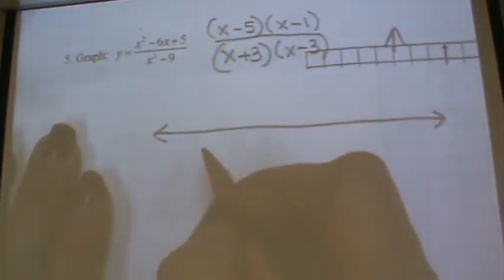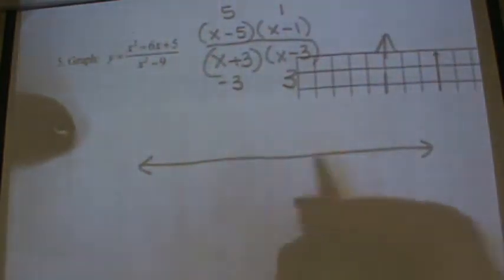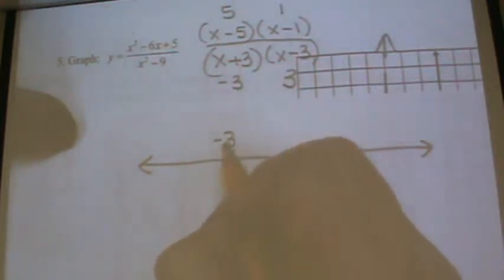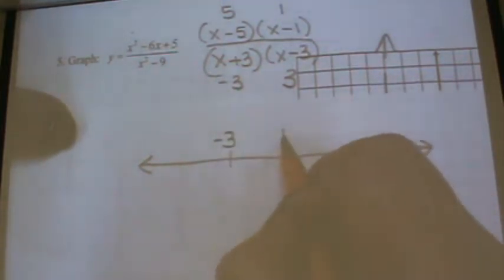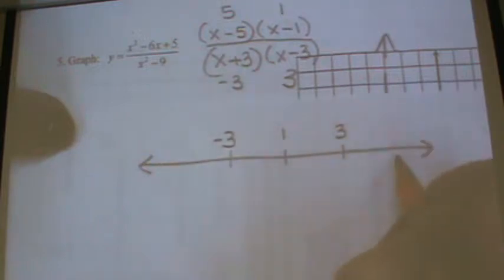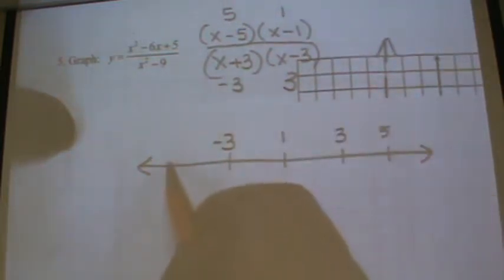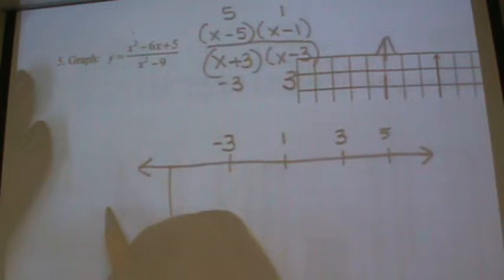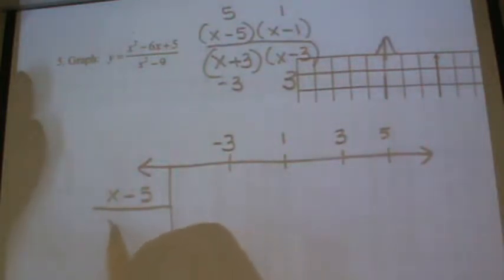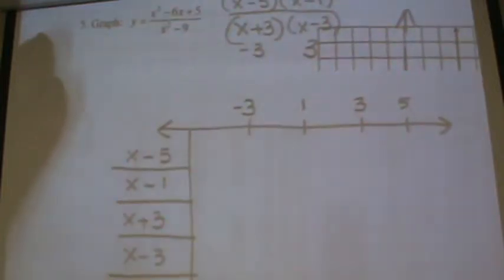And how do you organize 5, 1, negative 3, and 3? Negative 3 would come first. Then 1, 3, 5. Now it's important that you get these numbers right. And on this side are those factors. It doesn't matter what order you put them in: x minus 5, x minus 1, x plus 3, x minus 3, and what's the grand finale?